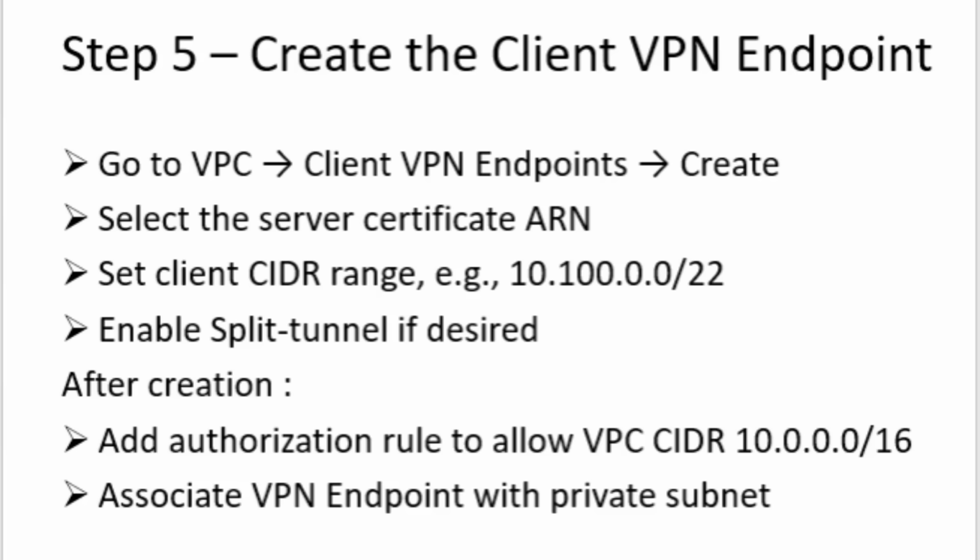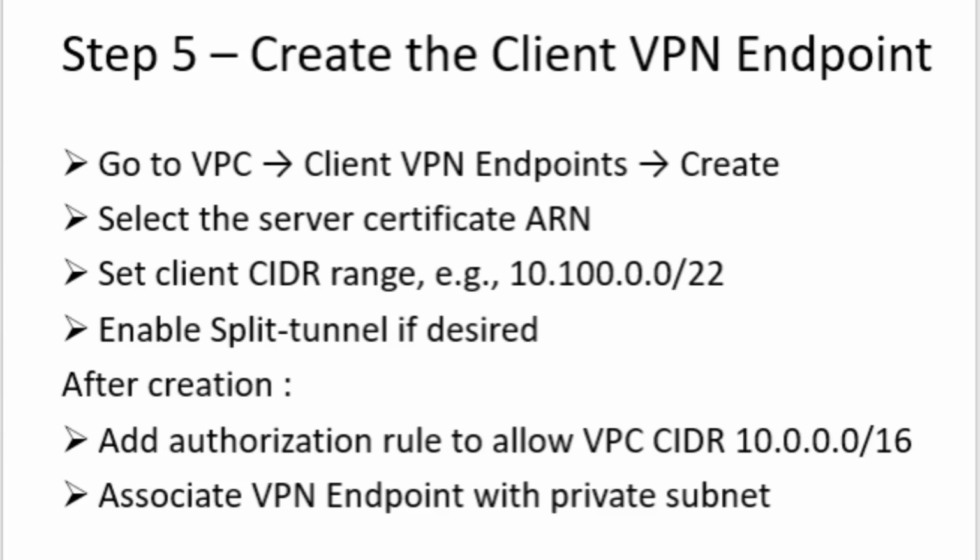Next, set the client CIDR range, for example, 10.100.0.0/22. This range defines the virtual IP addresses assigned to VPN clients when they connect. You can also enable split tunnel if you want only AWS traffic to go through the VPN, leaving other internet traffic untouched.